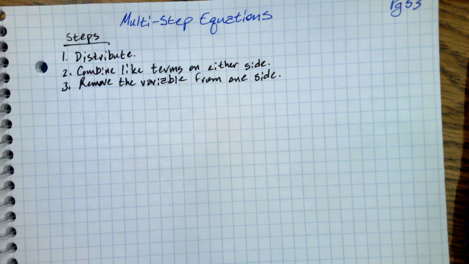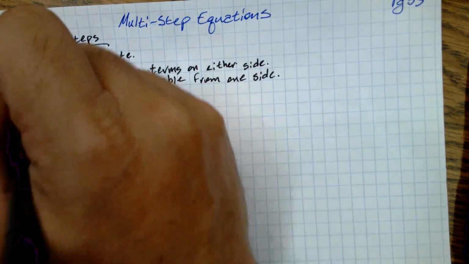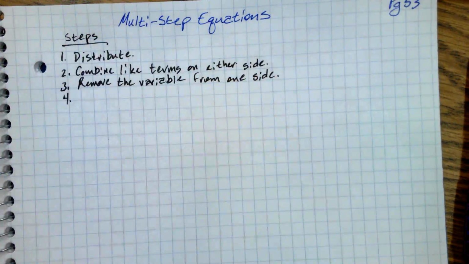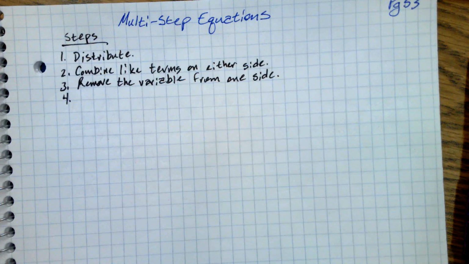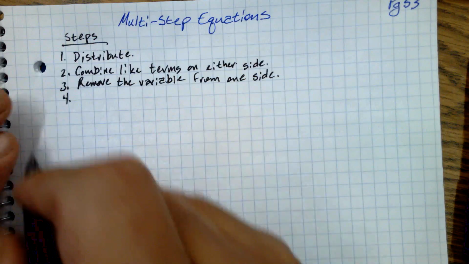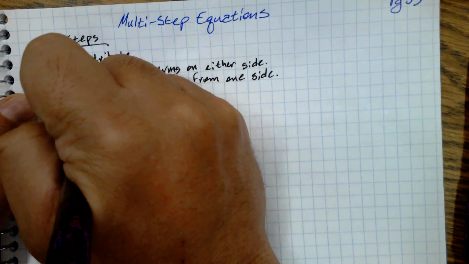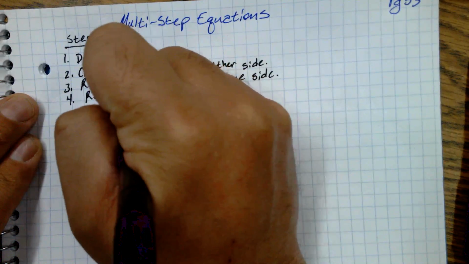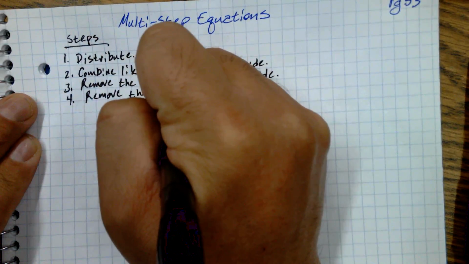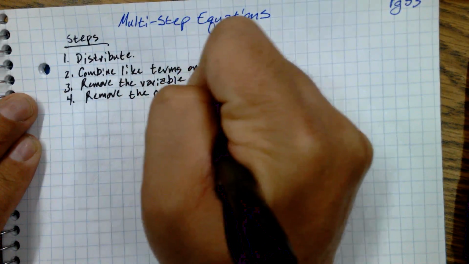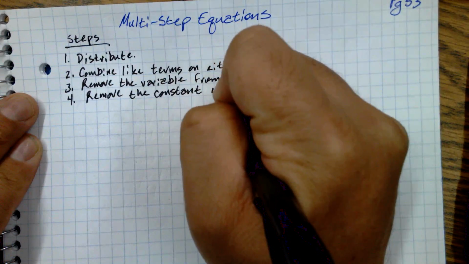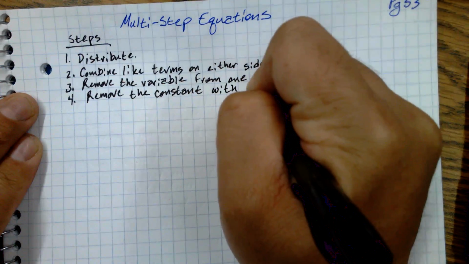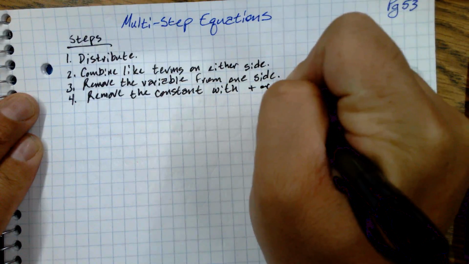Okay? And usually if we've done everything correctly, we have two more steps left. The fourth step, at this point we would probably have a two-step equation. So at this point we would remove the constant with addition or subtraction.